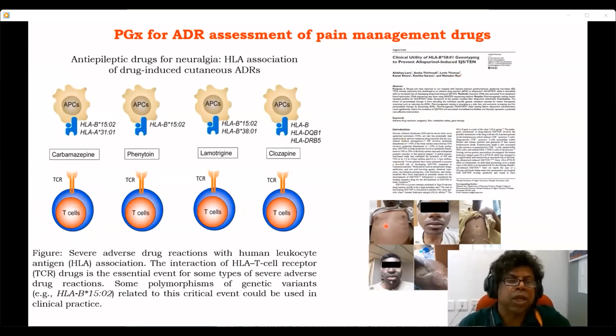So we asked him to give a blood sample, we isolated the genomic DNA from the peripheral blood lymphocytes, and then we sequenced for HLA-5801, and we found this patient had this particular SNP in HLA-5801. Then we suggested that this patient not take these drugs in the future, and we also suggested that his entire family not take the medication before testing for this particular genotype.